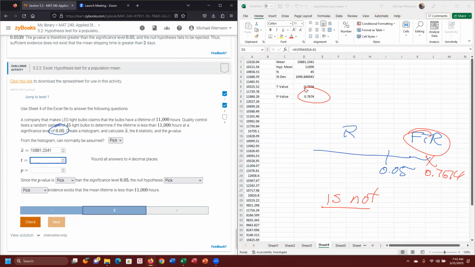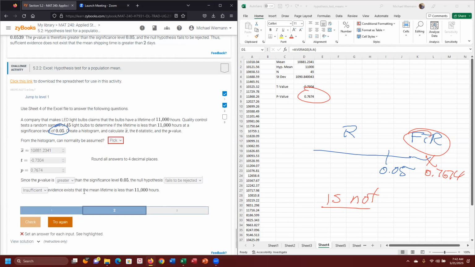T value negative 0.7304. And then the p-value is 0.7674. The p-value is over here, greater than the level of significance. We are going to fail to reject, and there is not sufficient evidence for that.